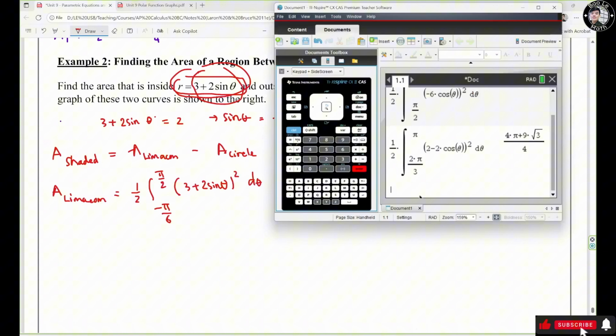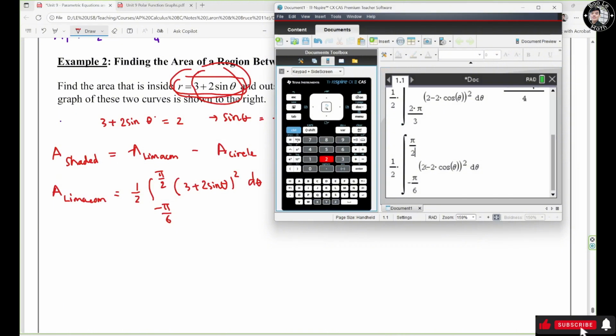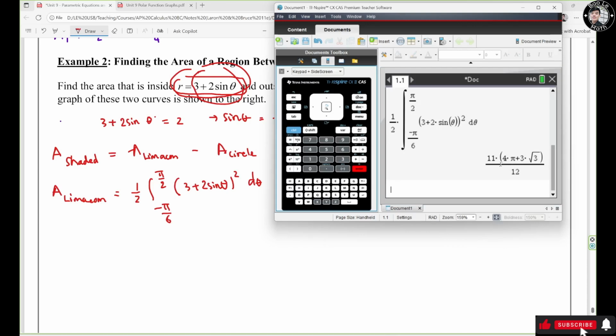So I'm going to pull up the calculator, copy this one over here, and I just change the upper bound and lower bound: negative pi over 6 to pi over 2, 3 plus 2 sine. Then you just press enter. The answer is 11 times 4 pi plus 3 root 3 over 12.